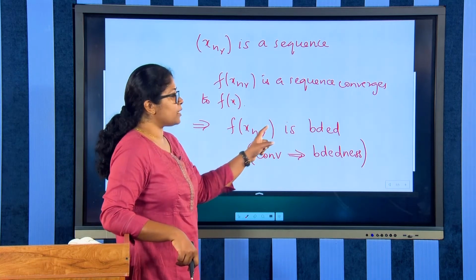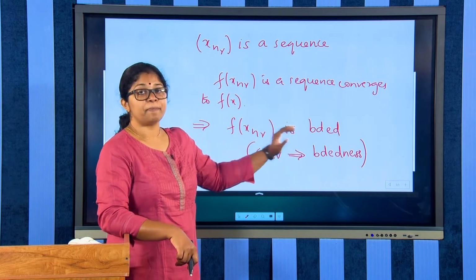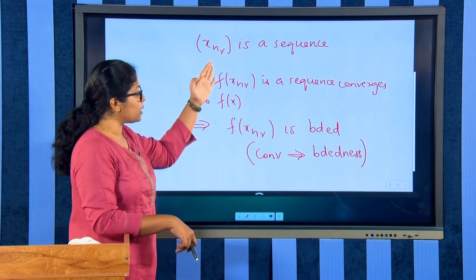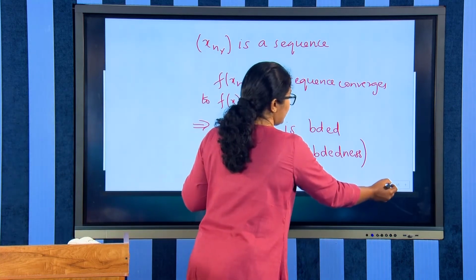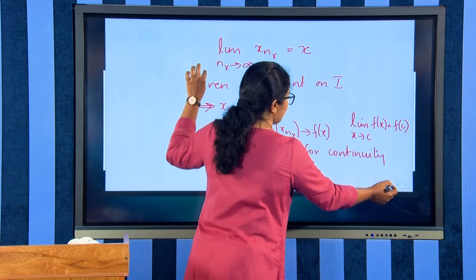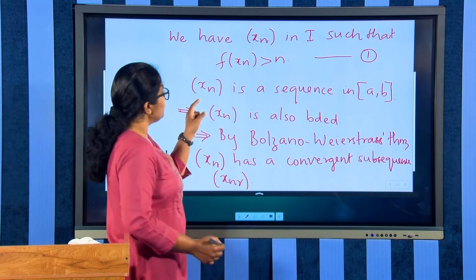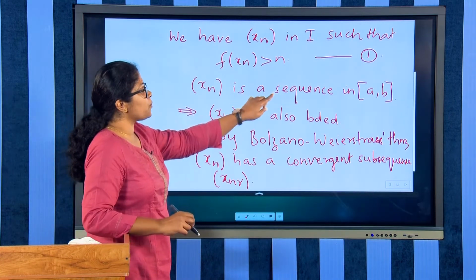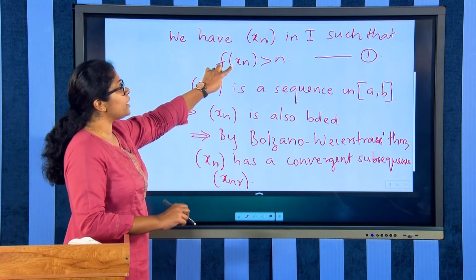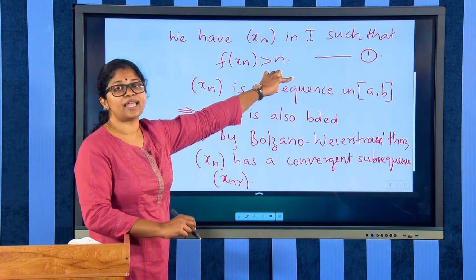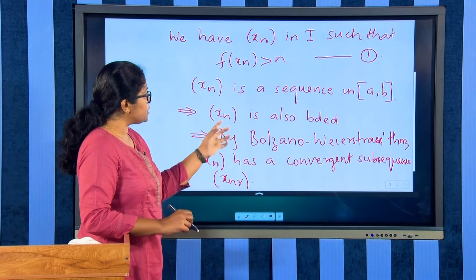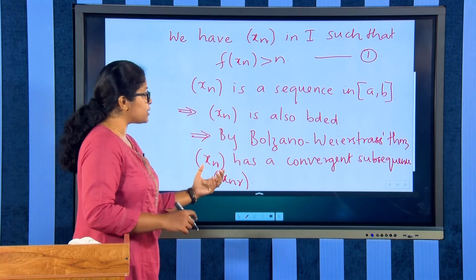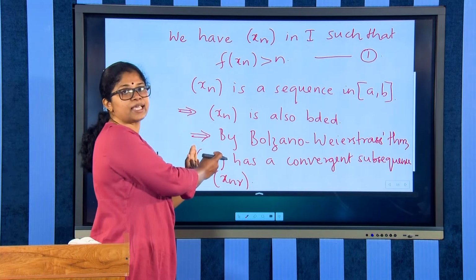But by the assumptions that we had in the previous statements, xnr is a sequence in [a, b] such that f of xn is greater than n. And this xnr, where does it come from? It is a subsequence of this xn.